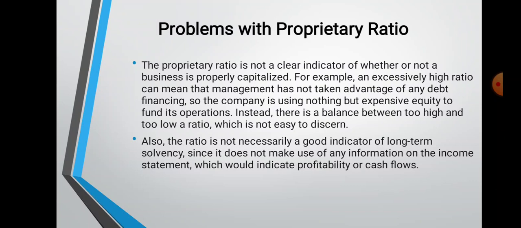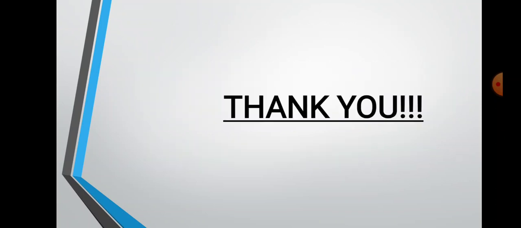Instead, there is a balance between too high and too low a ratio, which is not easy to discern. Also, the ratio is not necessarily a good indicator of long-term solvency, since it does not make use of any information on the income statement, which would indicate profitability or cash flow.